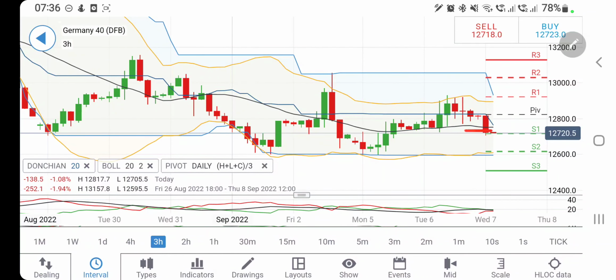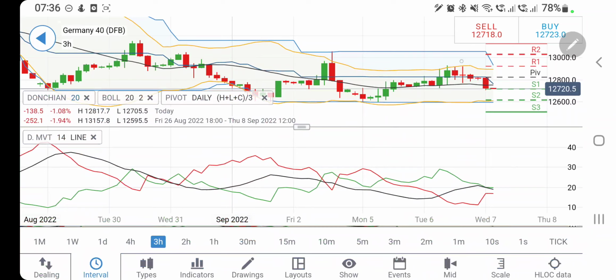On the 3-hour charts, higher lows, lower highs, first red candle. This is a breakout candle. Possibility exists that below 12,700, 12,680 is the target, and then 12,600 is going to be a very strong support. This time it will breach 12,600. We can expect it to drop towards 12,400.